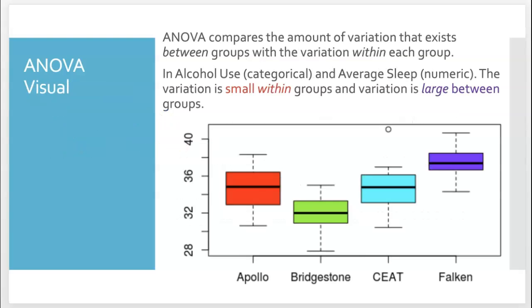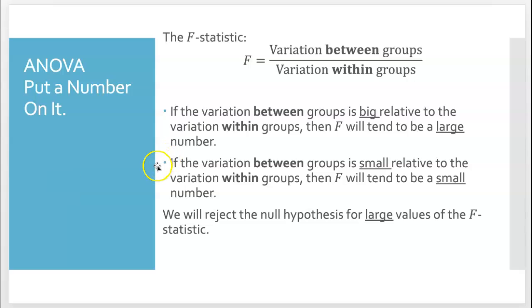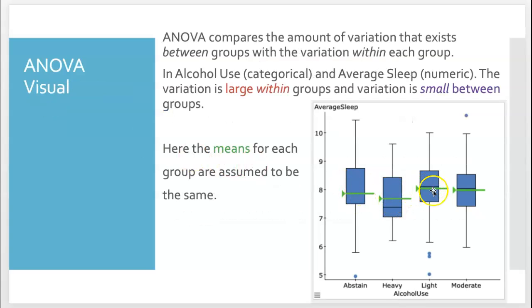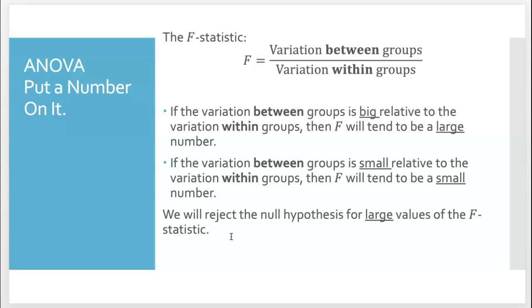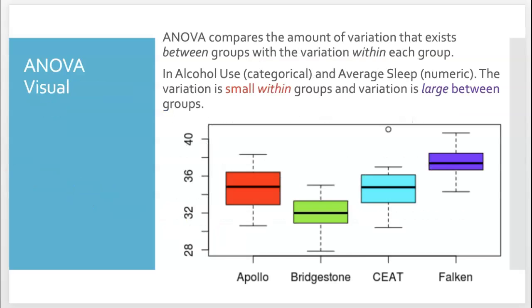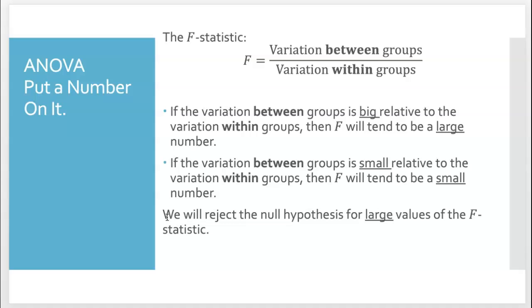If the variation between groups is small relative to the variation within groups, then F will tend to be a small number. That's what's happening here: the variation between, these green, is very small, and the variation within is a little larger. We will reject the null hypothesis for large values of the F statistic.